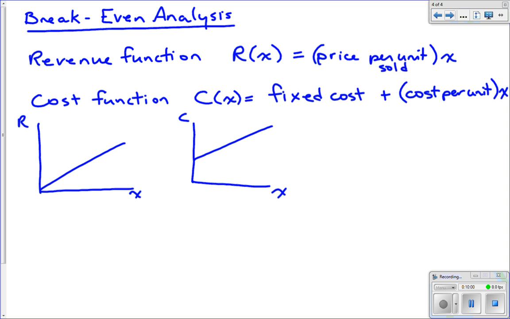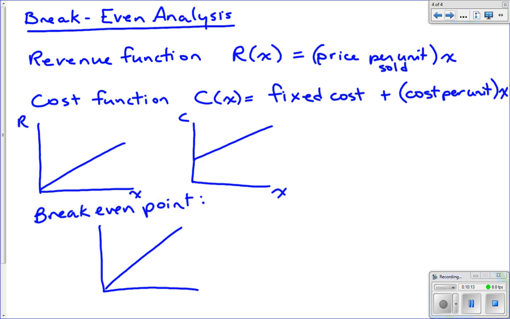So your break-even point then is the intersection of those two functions. So there's my revenue function, there's my cost function, and at some point where they intersect, that's where you break even. At any value less than this point, you can see that the costs are higher than the revenue.